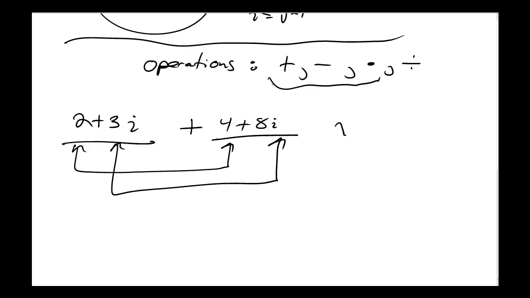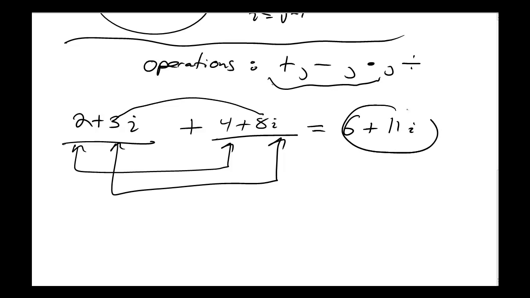Just like if you had x plus 2 plus 3x plus 4, you'd add the x's to the x's, you'd add the constants to the constants. Exact same idea. No real difference there. So I'm going to get 2 plus 4 gives me 6, and 8 plus 3 gives me 11i. And this would be my answer here for the sum of these two.